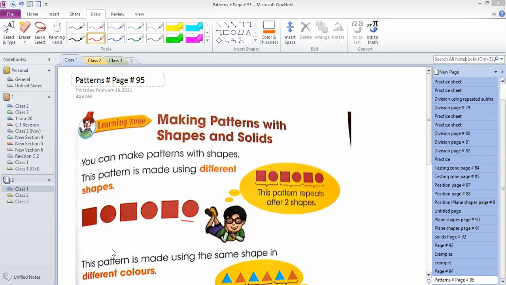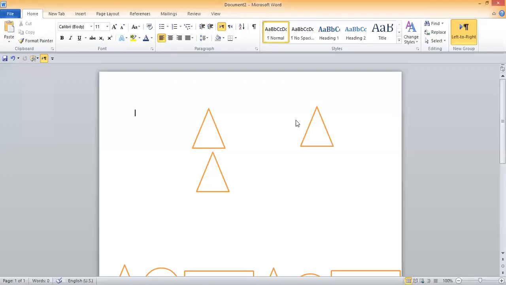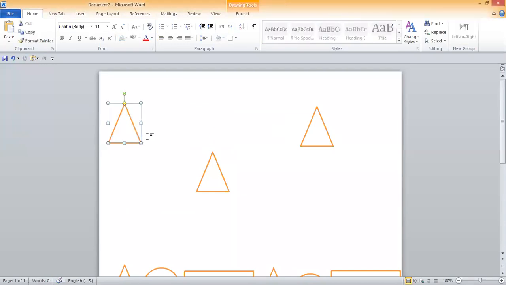I'm going to share my new screen with you. Can you see the new screen, guys? Very good. I'm going to make one pattern here, guys, and you have to help me to identify it and to complete it.